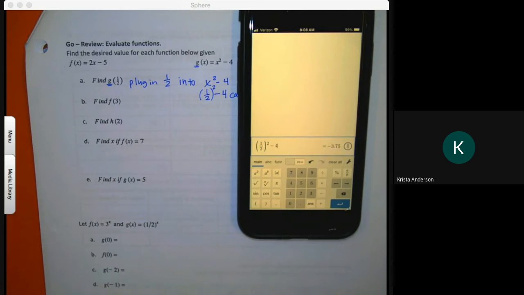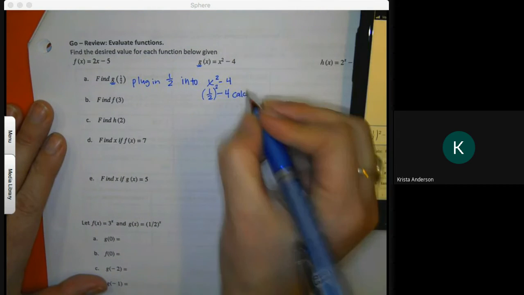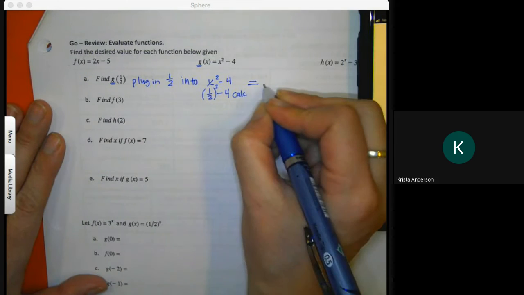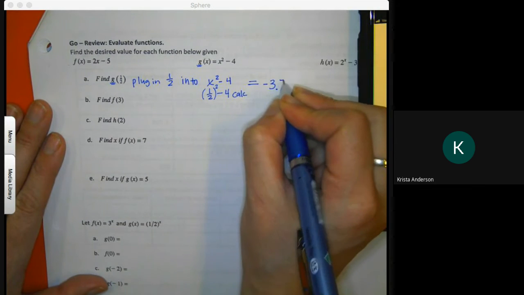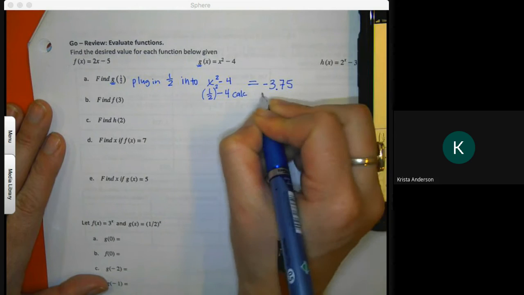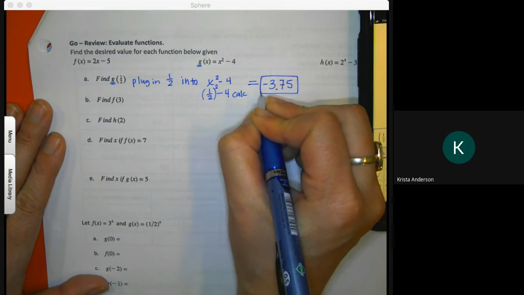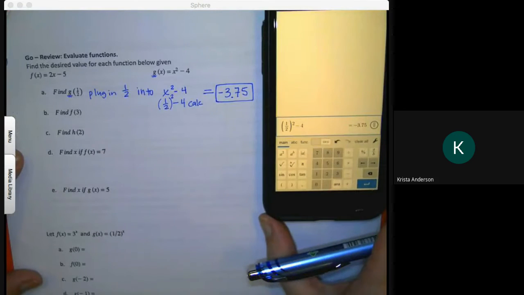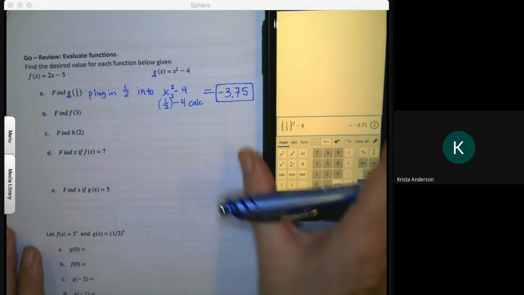It does not matter which one you pick. So when I substitute the 1/2 in, it ends up equaling negative 3.75. It's kind of hard to see.